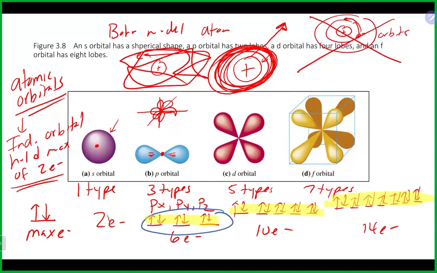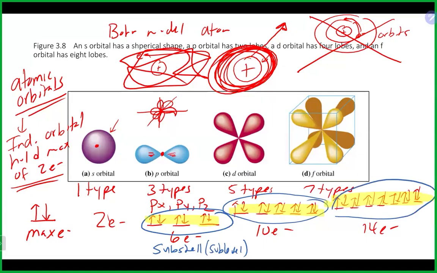All these together are referred to as a subshell or sublevel. That is the p subshell or p sublevel. This would be the d subshell, and all these together would be the f subshell. We typically don't use that for s because there's just one, so we just call it an orbital. That's really important to know.